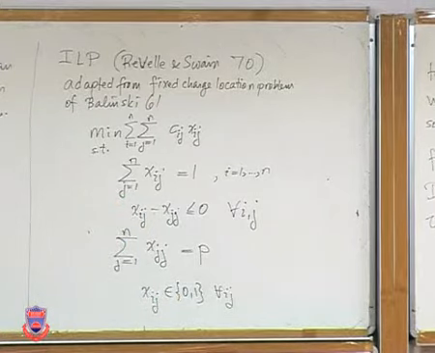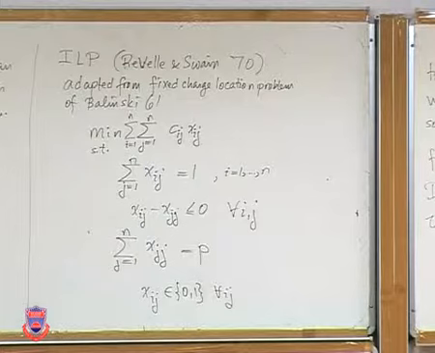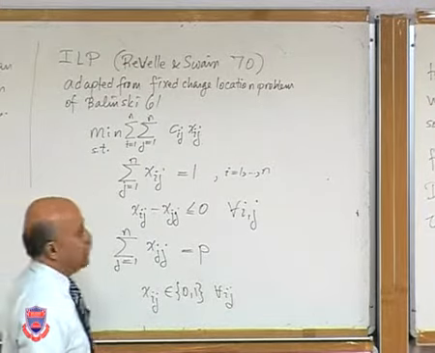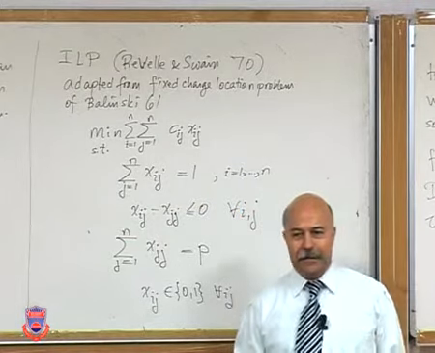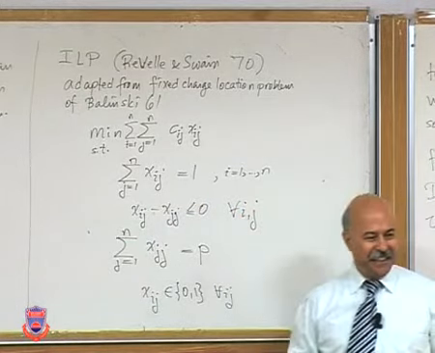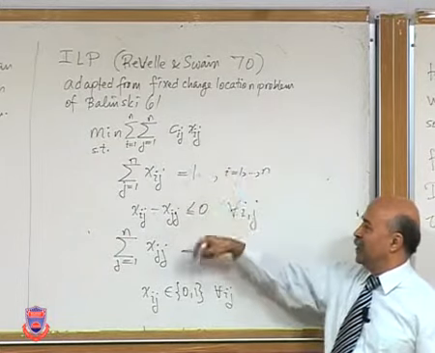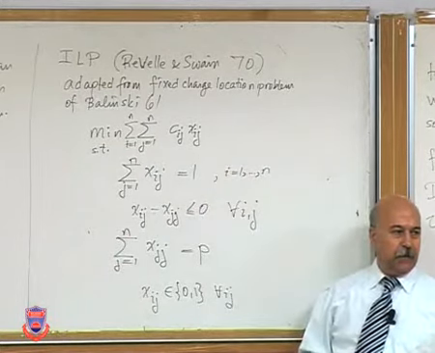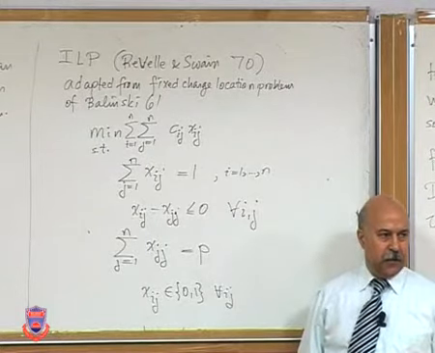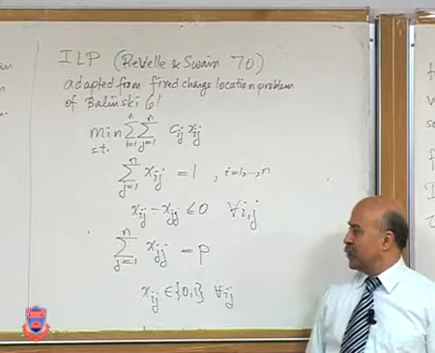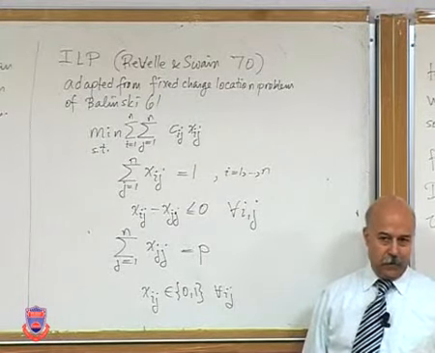Simple formulation. It works. And what Charles Swain did in his dissertation, Revelle was his actually PhD advisor, so you know sometimes things are this way. Okay, so in his dissertation, Revelle looked at this problem. He solved it as a linear programming relaxation, and then he observed that most of the time he is getting integer solutions, which was good.